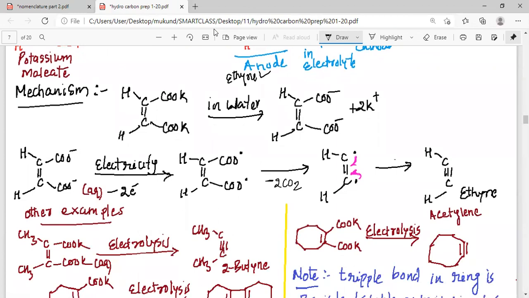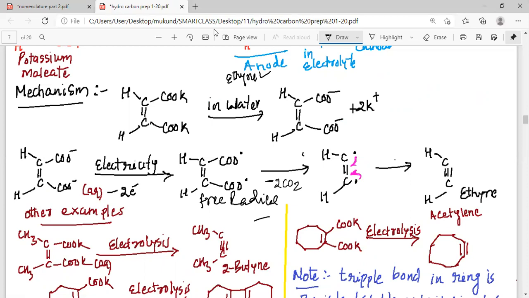In the first step of the mechanism, the sodium or potassium salt of maleic acid in water gives us two ions, anion and cation. The anion is attracted to the anode, and at the anode, this anion loses its two electrons and produces free radicals. This free radical again loses 2 molecules of carbon dioxide, and we get a free radical having a double bond.